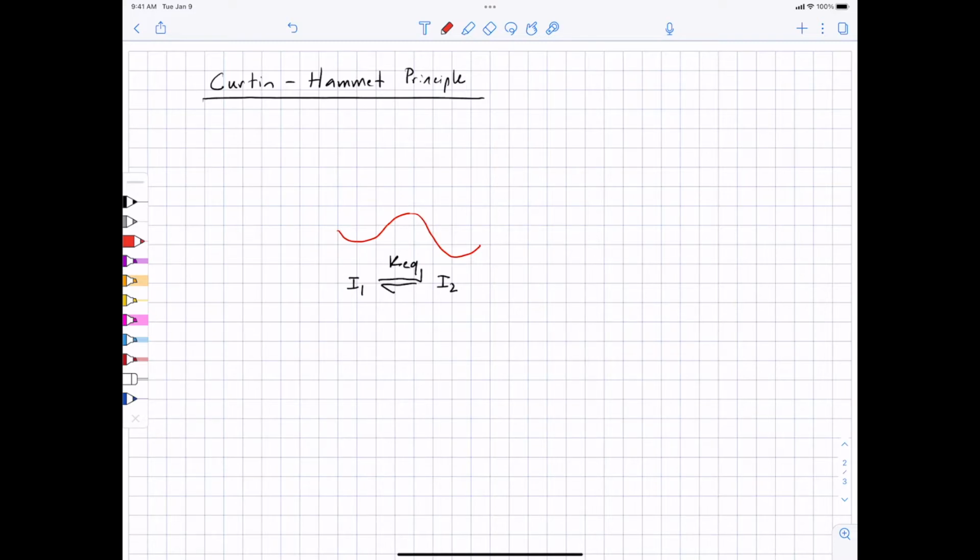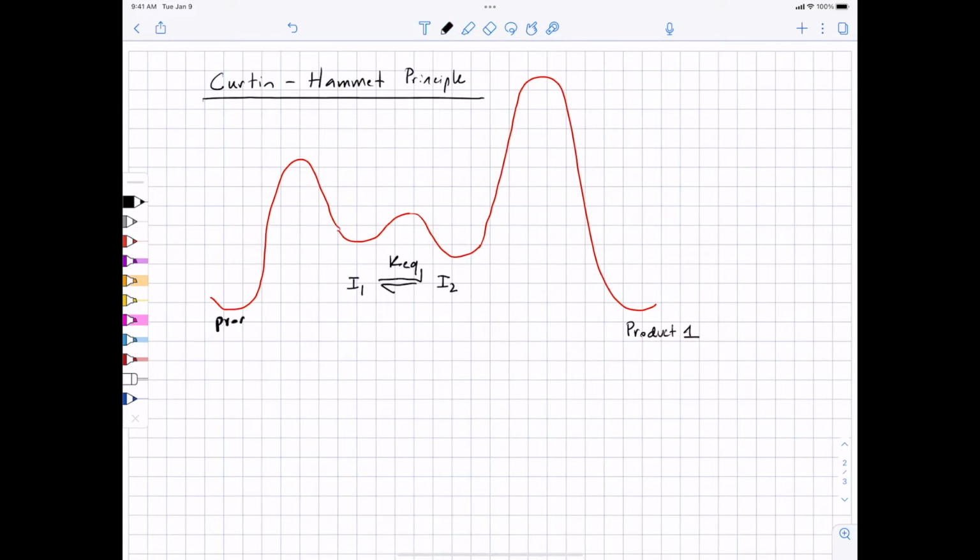Now, let's suppose that intermediate 2, which is more stable, goes through a high energy transition state to lead to a product. We're not going to really say anything about product stability. This will be product 1. And we'll say that intermediate 1 goes through a lower energy transition state to give product 2. And again, I'm intending to communicate that we're not saying anything about product stability. And there's a reason why we're not.